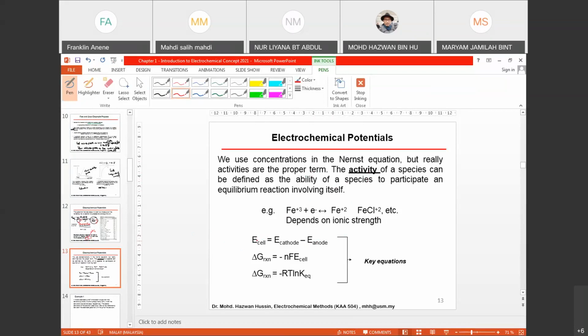The standard potential E cell is equals to E naught cell minus E naught cathodic minus E naught anodic. Okay, and bear in mind that if you use this formula, okay, it must be in standard reduction formation.